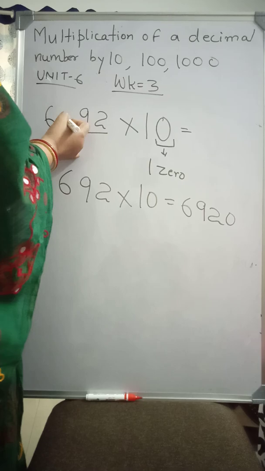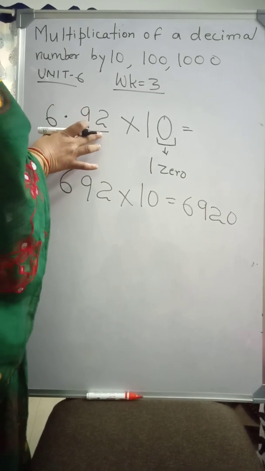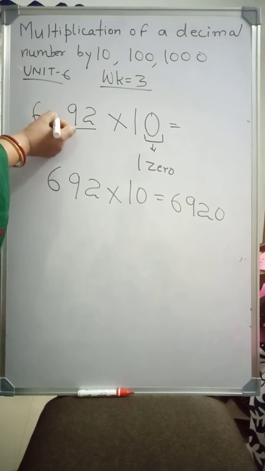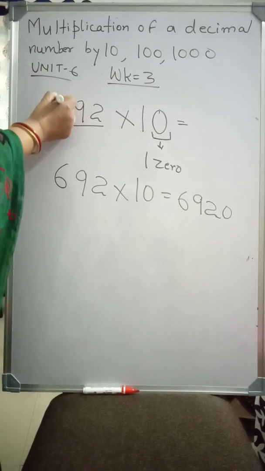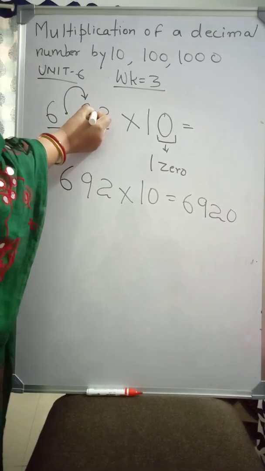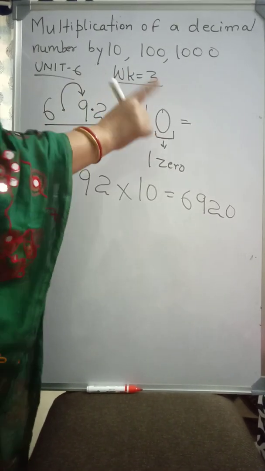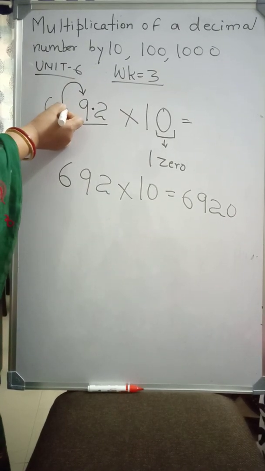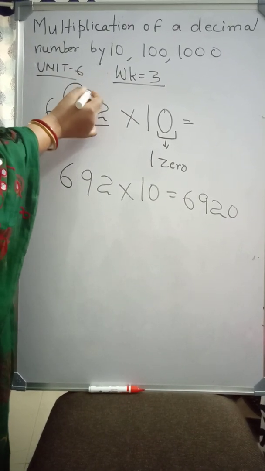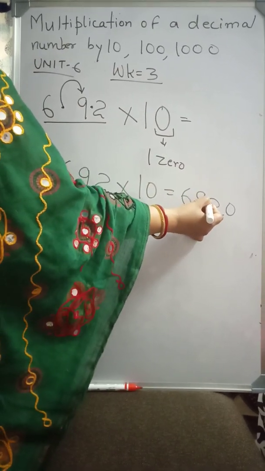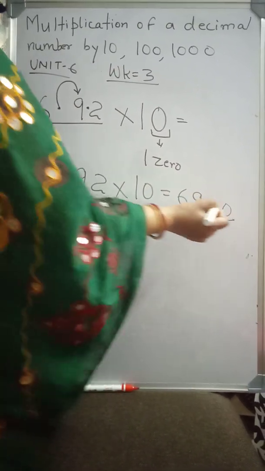Now here, since this 10 is having 1 zero, what will happen? You can do it orally. This decimal will jump to the right 1 digit. It will come after 1 digit. So it will become 69.20.